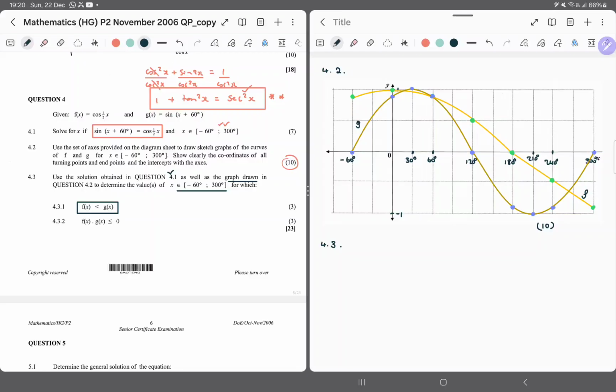So we want to scan and see when is the graph of f below the graph of g. Now can you see this is the graph of f? So we follow it in between this point right here. If we drop this into the x-axis, okay, this is what we see.